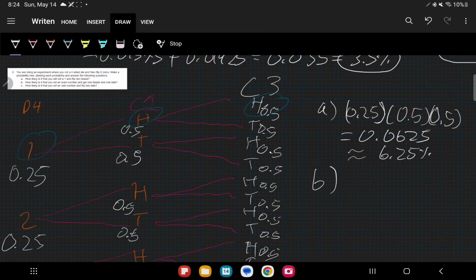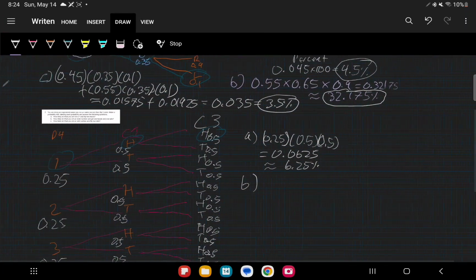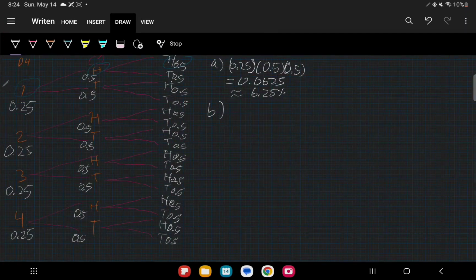Then B, same problem. How likely is it that you'll roll an even number and get 1 heads and 2 tails? Okay, so we want an even number. Even numbers, you know them. It's going to be 2 and 4. So if I do 2 and 4, I need 1 heads, 1 tails.